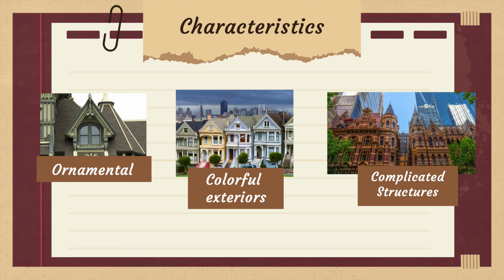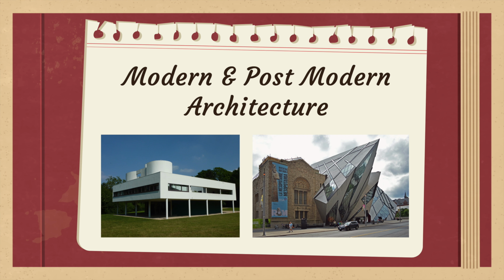And here are the characteristics and features of Victorian architecture. Victorian buildings were designed to be ornamental, with colorful exteriors, as well as complicated structures like bay windows, mansard roofs, and wrap-around porches. And now, let us move on to later times as we talk about modern and postmodern architecture.